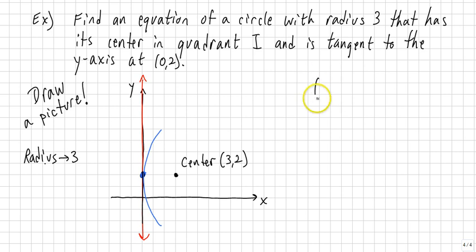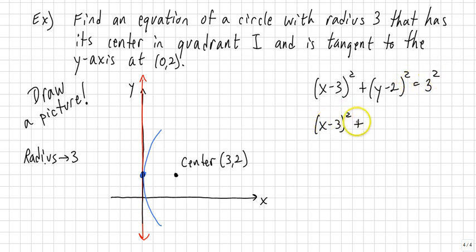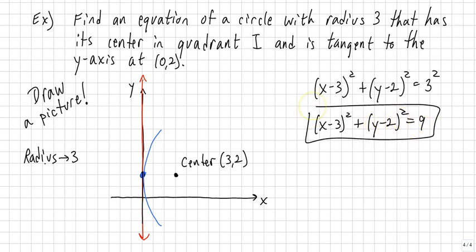So my equation should be (x minus 3) squared plus (y minus 2) squared equals the radius squared. So (x minus 3) squared plus (y minus 2) squared equals 9. That's the equation of the circle that they've described.